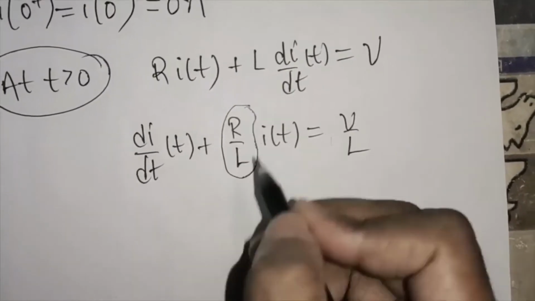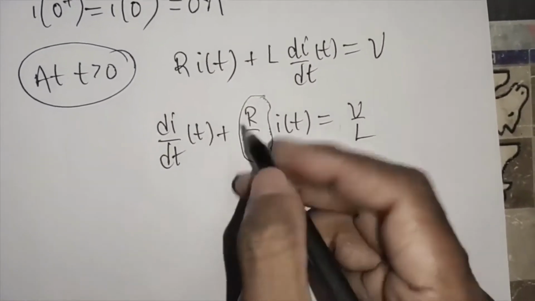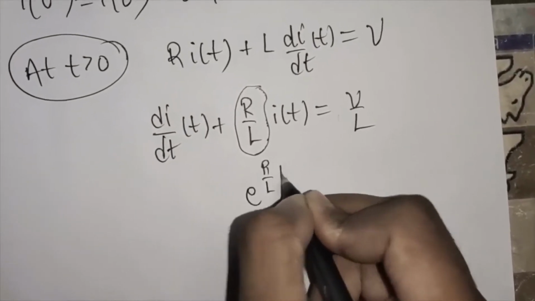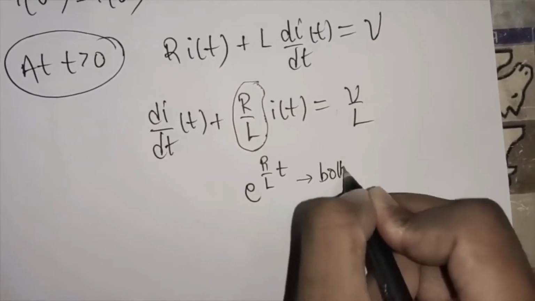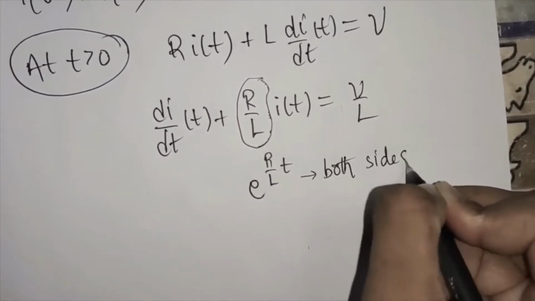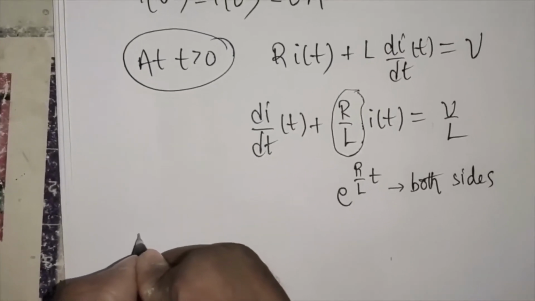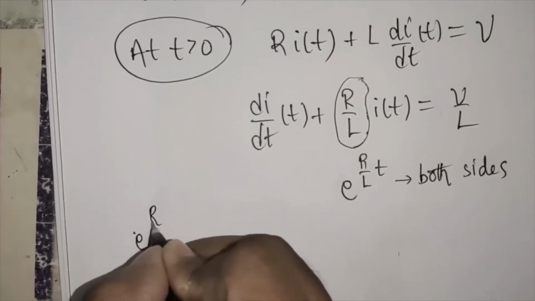Once again, I have the coefficient R by L, so I am going to multiply e power R by L into t on both sides.